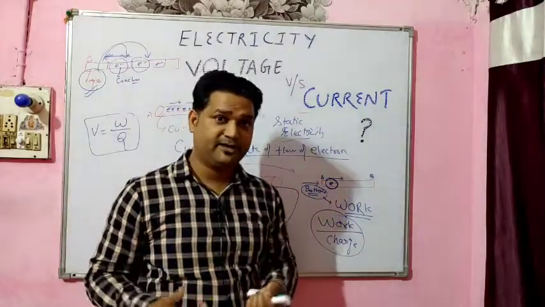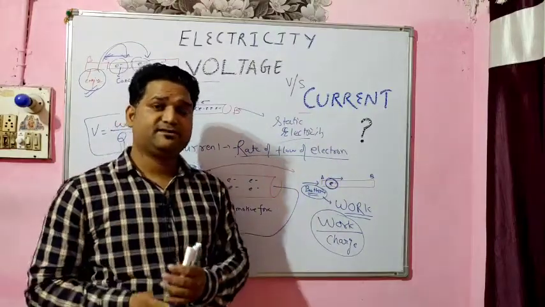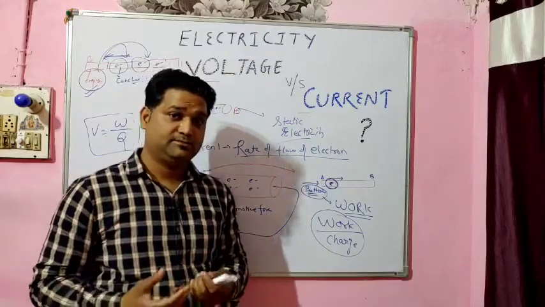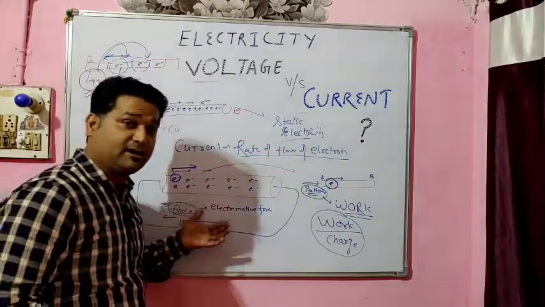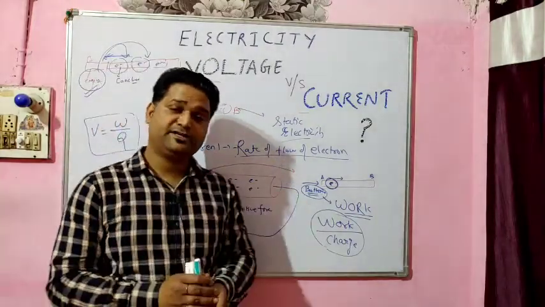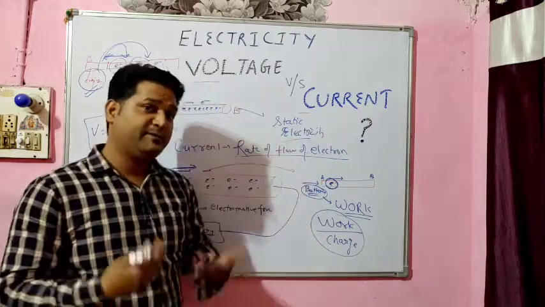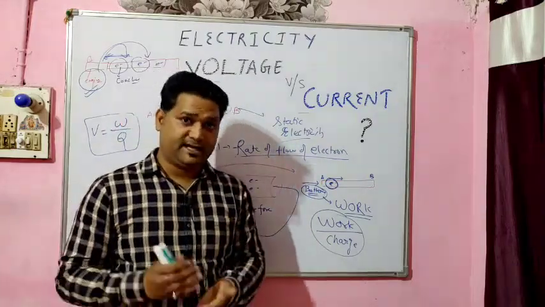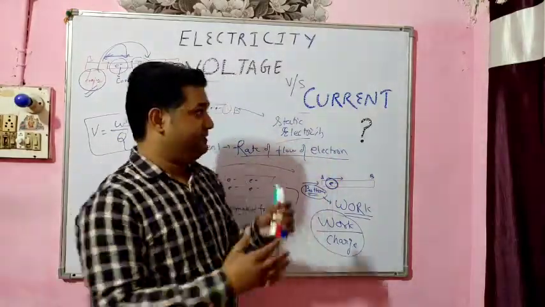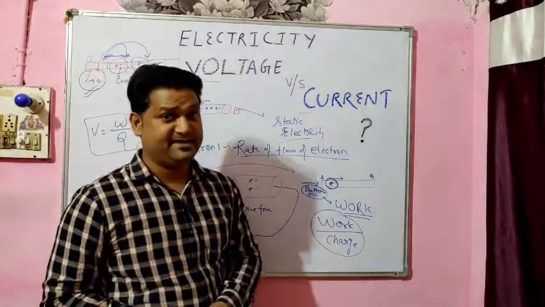This is the reason why after some use a battery becomes dead: it does work in moving electrons from one point to another, due to which the battery runs down and we have to replace it with another one, right? I hope you are very clear with this point, and now I can tell you how voltage and current are measured.